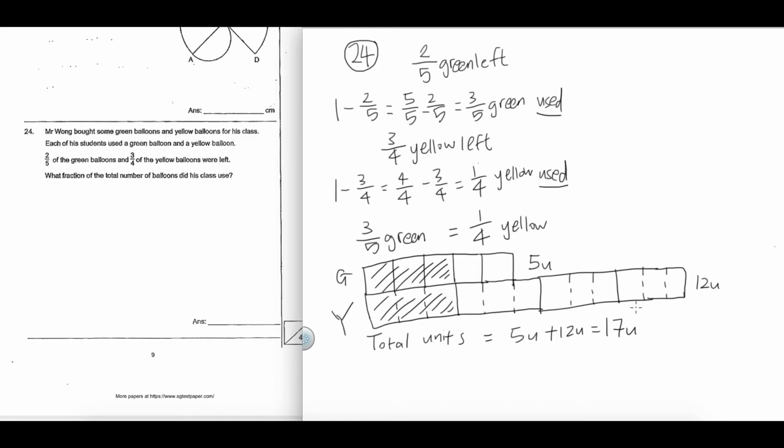Whatever I shaded, 3/5 over here and 1/4 over here are what's left. Oh no, it's what's used. So there we have it. We're gonna take 3 units from green and 3 units from yellow. So total units used is 6. So fraction will be 6 out of 17. Alright?